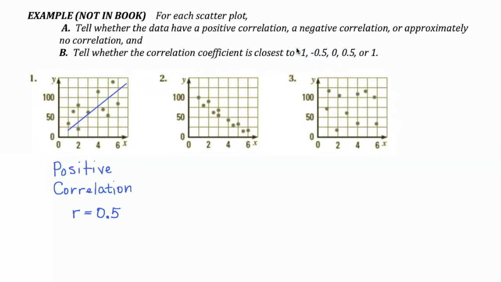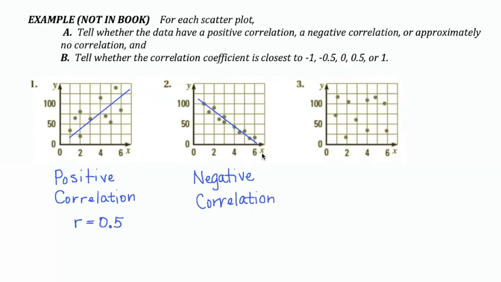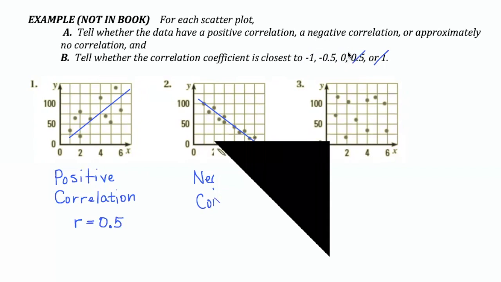In graph number 2, you should see the downward trend occurring in this data. And because of that downward trend, this is going to be data that has a negative correlation. In other words, as X increases, Y is decreasing. And if it's a negative correlation, going back to our choices, the positive values don't make sense. 0 doesn't make sense.